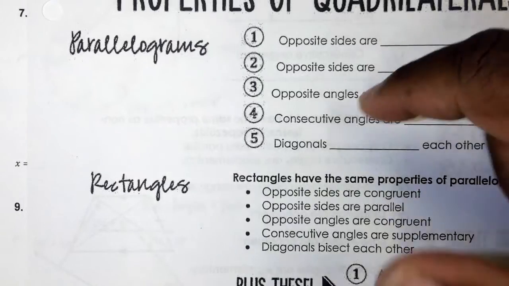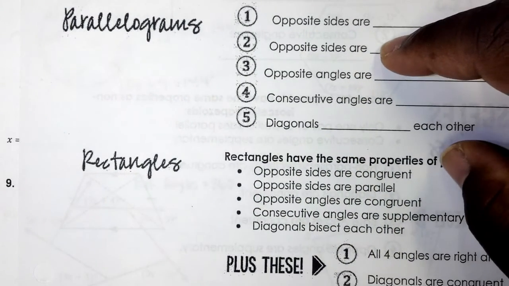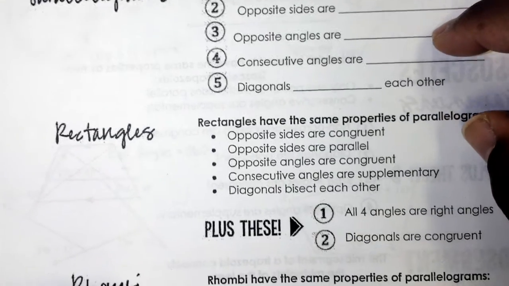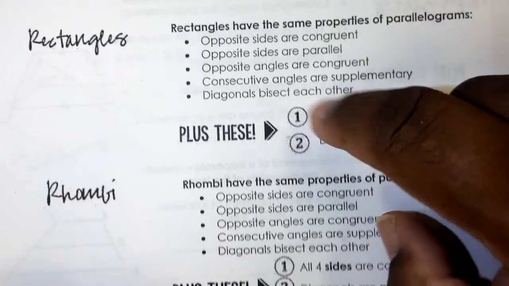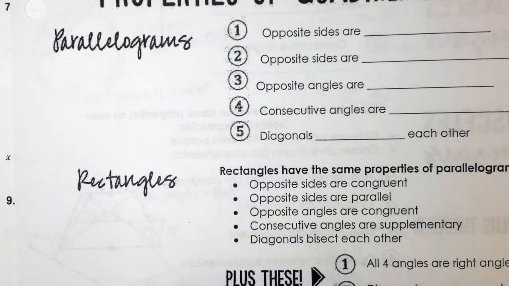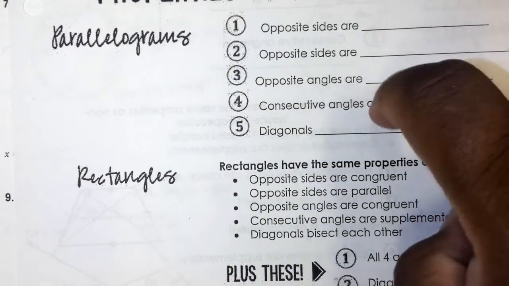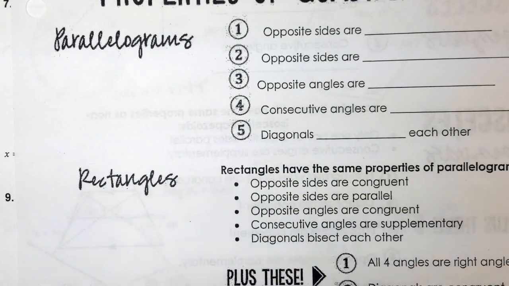But they all start out base as just a parallelogram with these 5 properties. What distinguishes them from each other is the additional properties that they have. These plus these on each one of these is what makes them different. But all of these shapes on the front have these 5 basic properties, which makes all of them parallelograms.